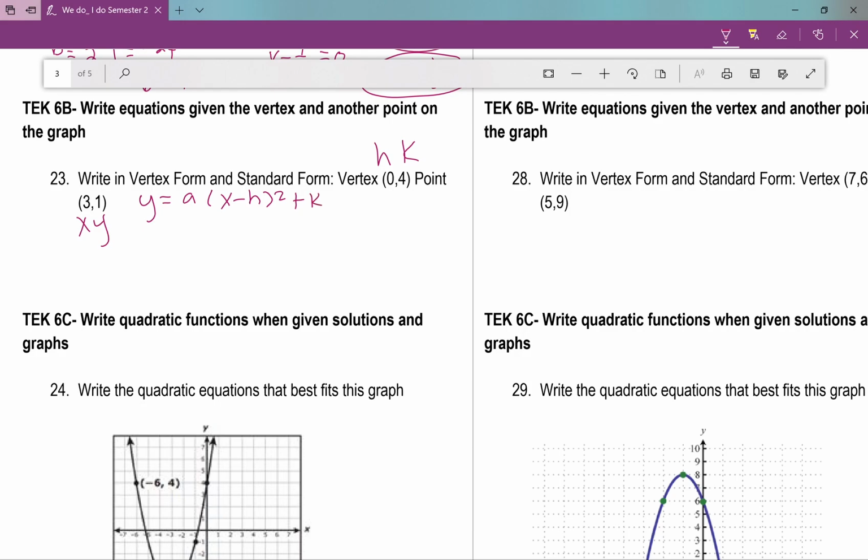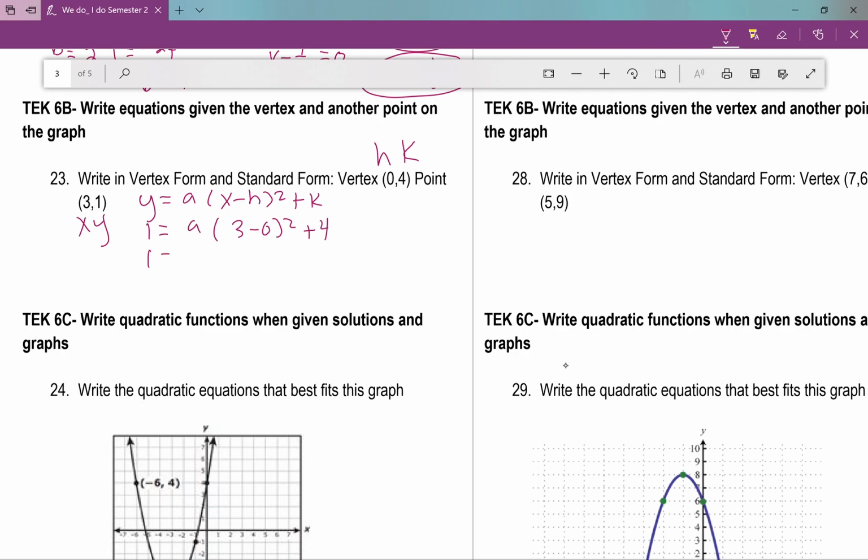So now we need to plug in all of our numbers and find our a value. So I have 1 is equal to a, 3 minus 0 squared plus 4. I plugged in my x, y, h, and k. Then I'm going to simplify this. 3 minus 0 is 3, and 3 squared is 9.